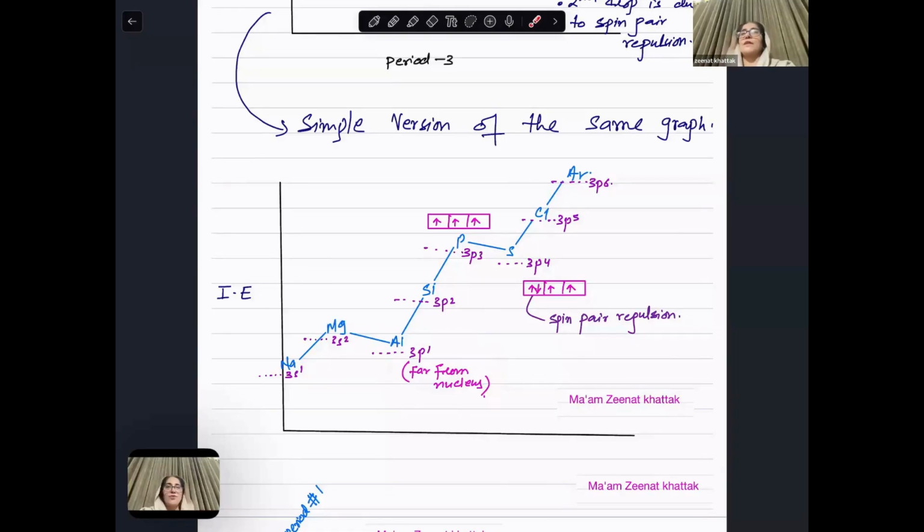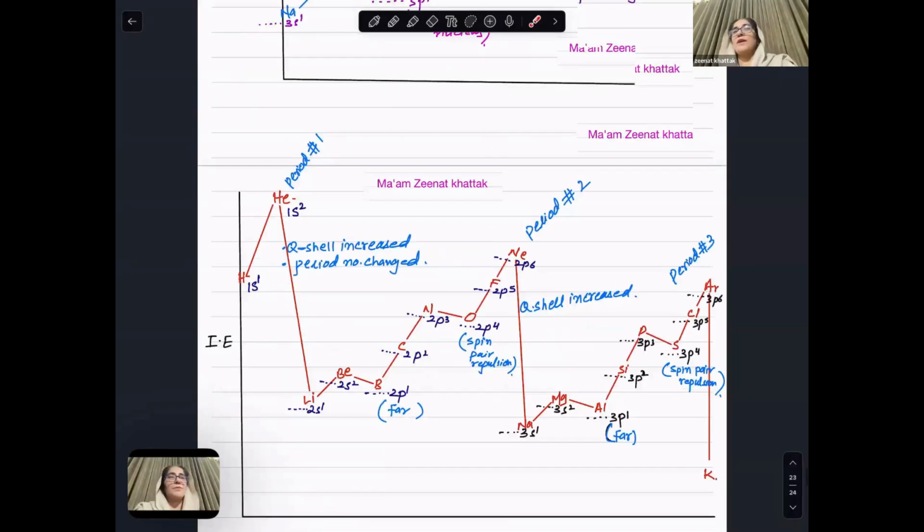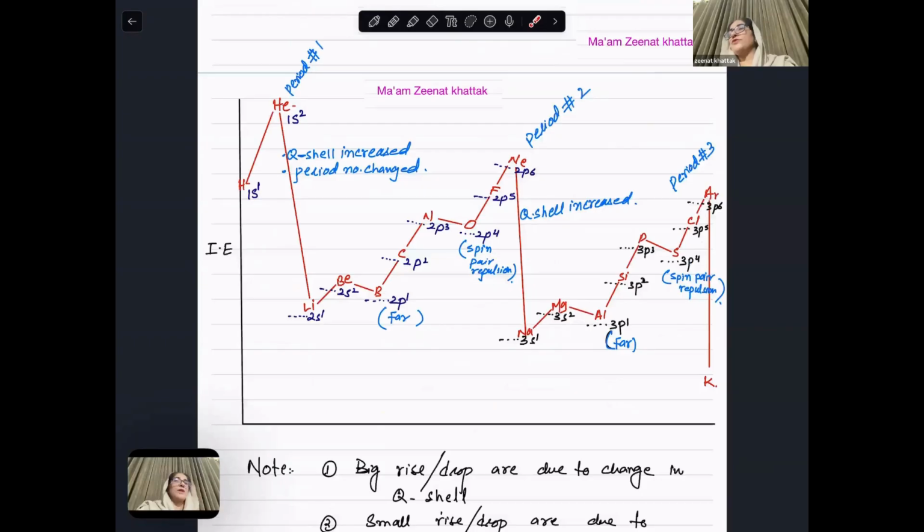And then you know what I did for you people? The whole graph from hydrogen to potassium. You know what is happening in this graph? It's very interesting. Hydrogen is 1s1 and helium is 1s2. There is an increase in the nuclear attraction.